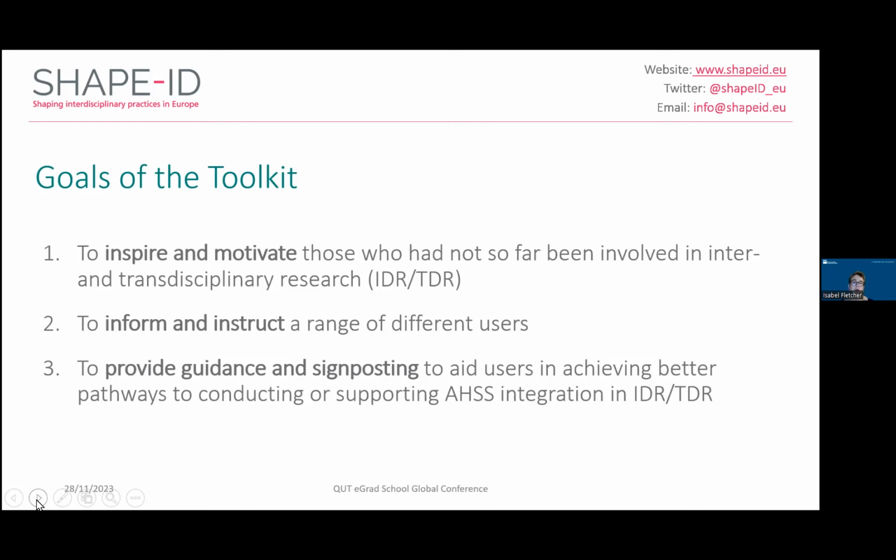We wanted to inform and instruct a range of different users, from individual researchers to research institutions to funders, and to those outside academia who wanted to be involved in such research. And as I said, to provide guidance and signposting to existing researchers. We did not want to reinvent the wheel. We wanted to point people to what we thought were a lot of excellent resources that already existed.